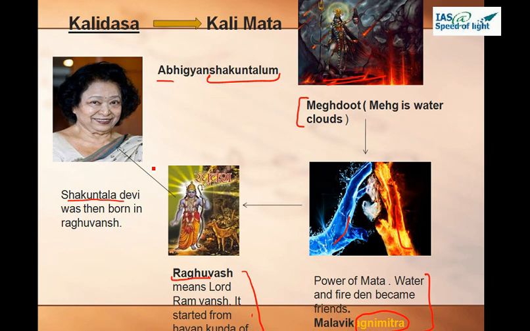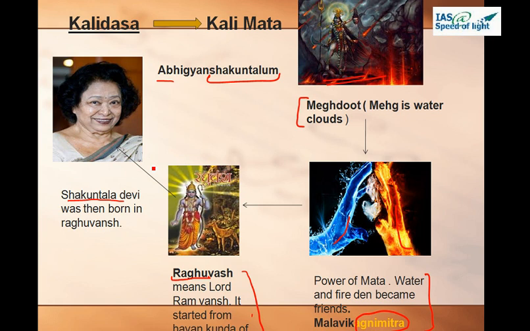Kali Dasa, Kali Mata. What all things are coming to your mind? First thing is Kali Mata seen on the clouds. So what is Kali Mata bringing? Megh or water clouds. Megha. Megh Doot. Second, with the power of Mata, the fire and water become friends.